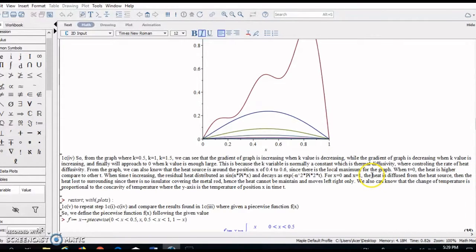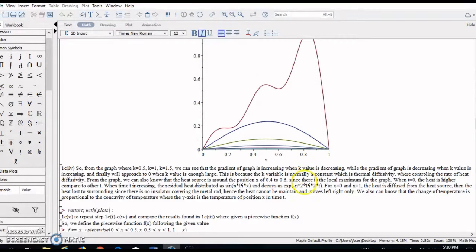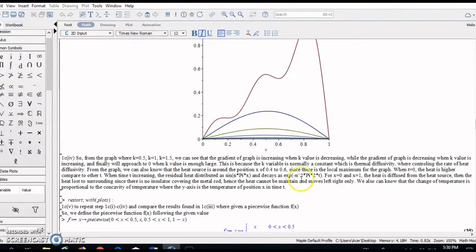We also can know that the change of temperature is proportional to the concavity of temperature, where the y-axis is the temperature at position x in time t. So from here you can know that the change of temperature is proportional to the concavity of temperature.